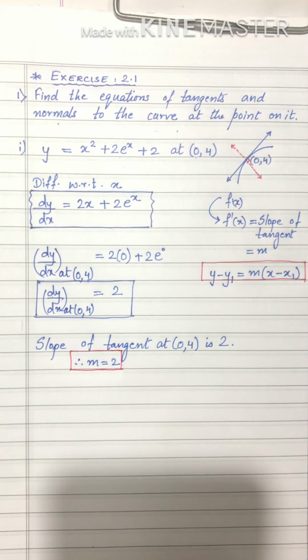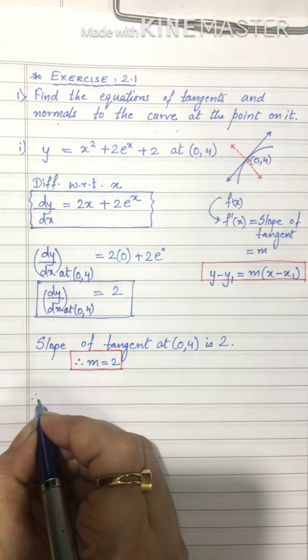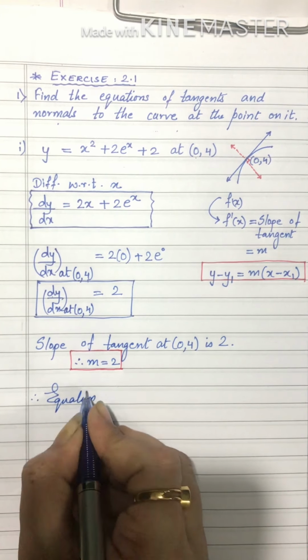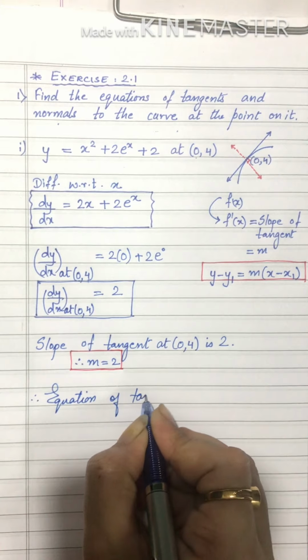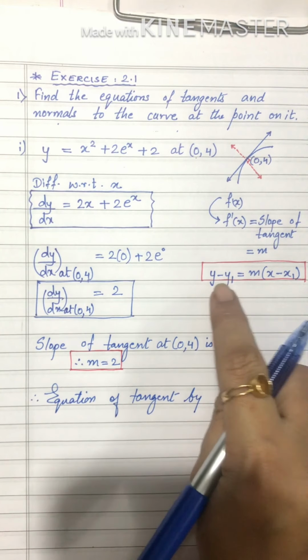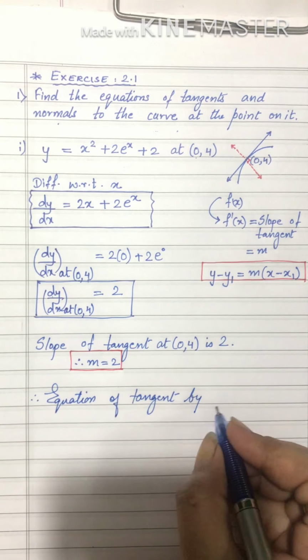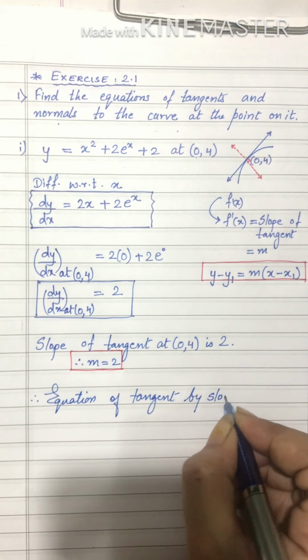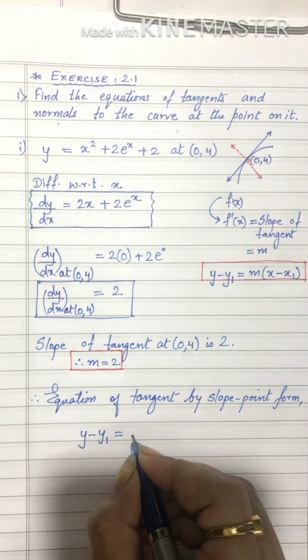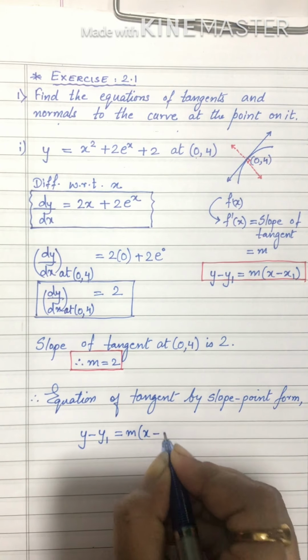Moving ahead to find equation of tangent. So we write it specifically as equation of tangent. Now by what form we are going to use this? So I specify it here by slope point form. So y minus y1 is equal to m into x minus x1.